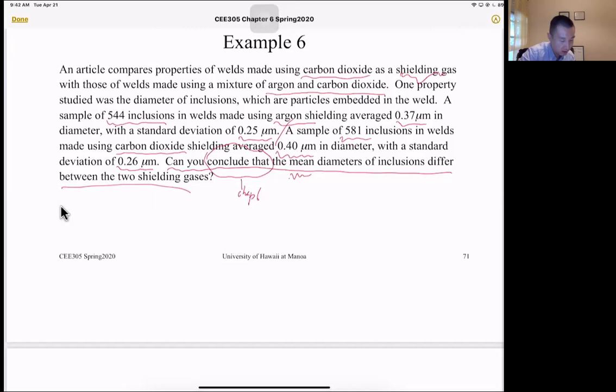So first of all, let's set up X and Y. Let's see, one gas has mean 0.37. The other one, we call Y. Sample standard deviation, sample size.